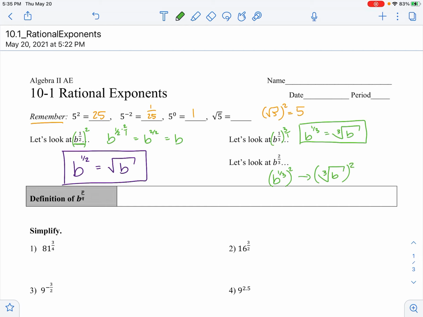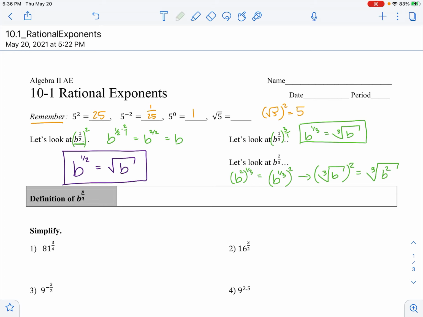But does it matter if I do 1/3 times 2 or 2 times 1/3? No. I could have b squared all raised to the 1/3. That's going to give me the same answer. But what that means is that I could take the cube root of b squared. Out of these two, I would just do whichever one was easiest for me.